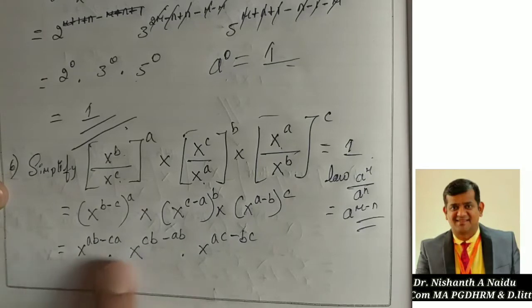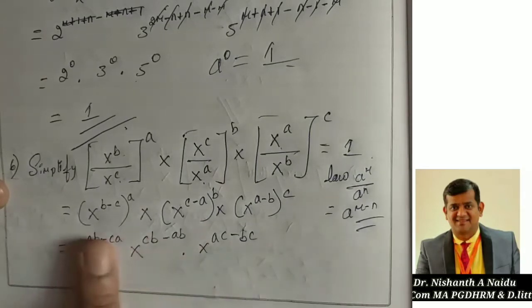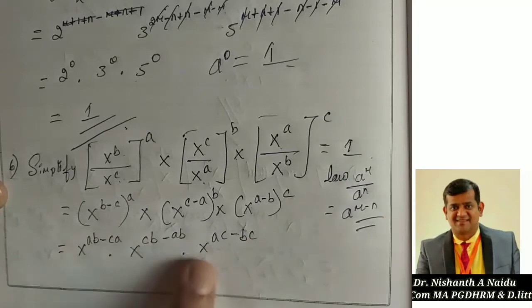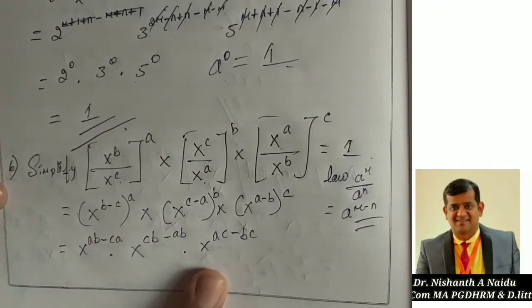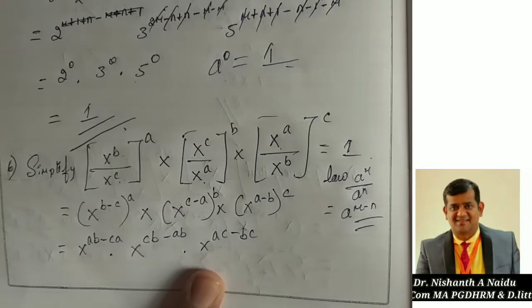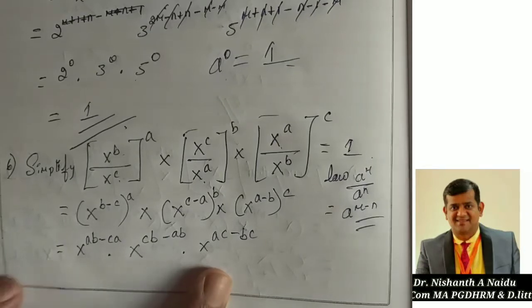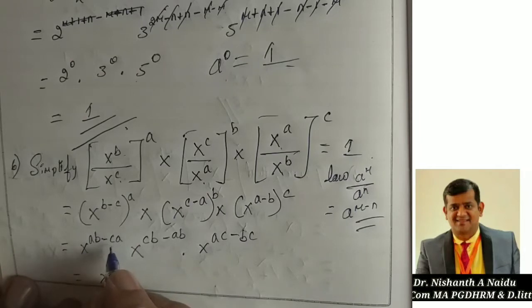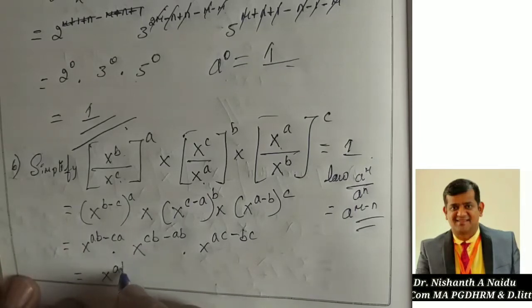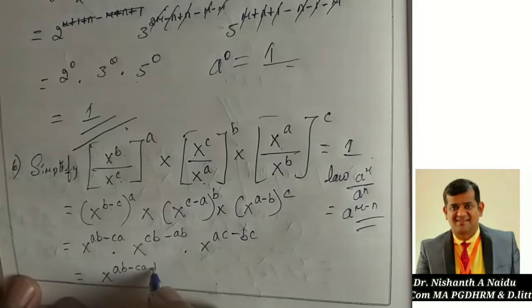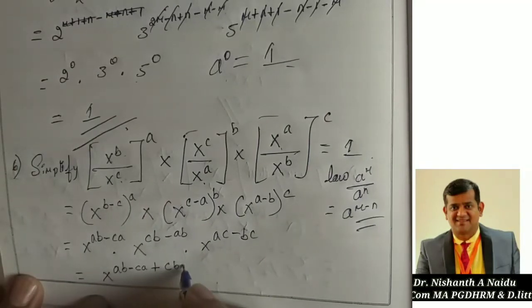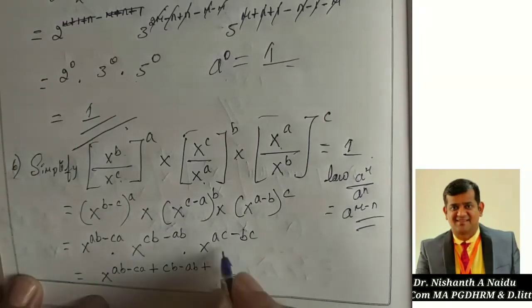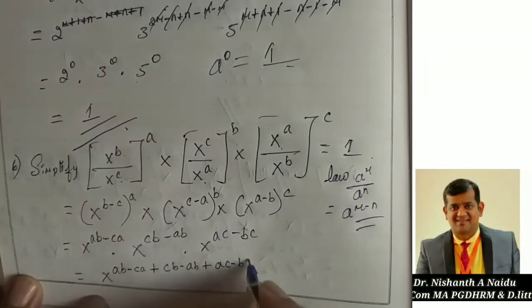When bases are the same, powers can be added. Clear? So by considering that, next we write x to the power ab minus ca plus cb minus ab plus ac minus bc.